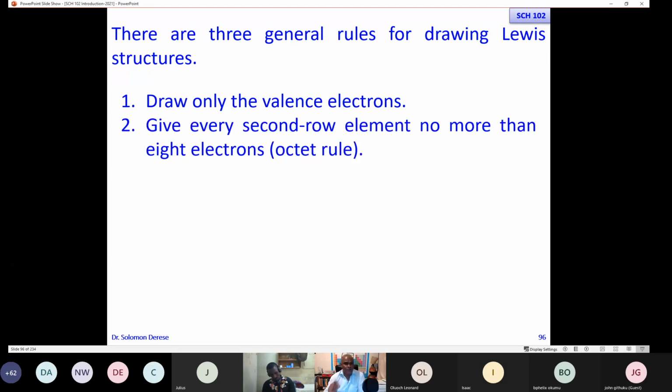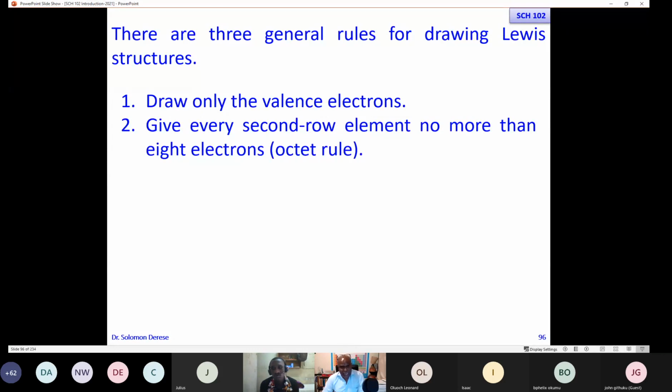If you have second row elements like carbon, nitrogen, oxygen, fluorine, when you are sharing these valence electrons, you make sure they only have an octet of electrons, not more than 8 electrons. So the first rule is you only use the valence electrons. You don't count the other electrons because they are not involved in any type of chemical bonding.